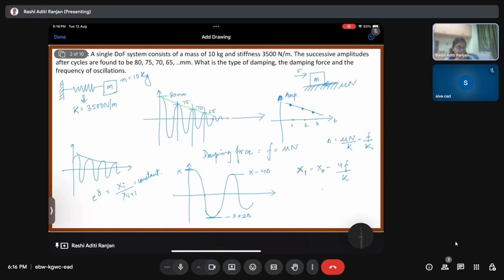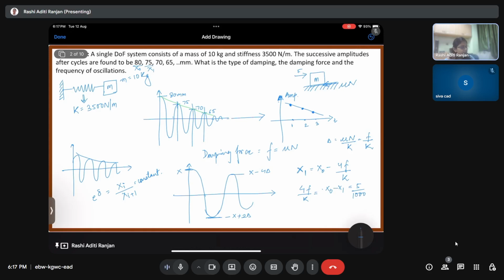Now, the question is that if this is x0, this is x1, then we can simply put it in this equation. We get 4F by k is equal to x naught minus x1, which is nothing but 5 mm. So this much meter.